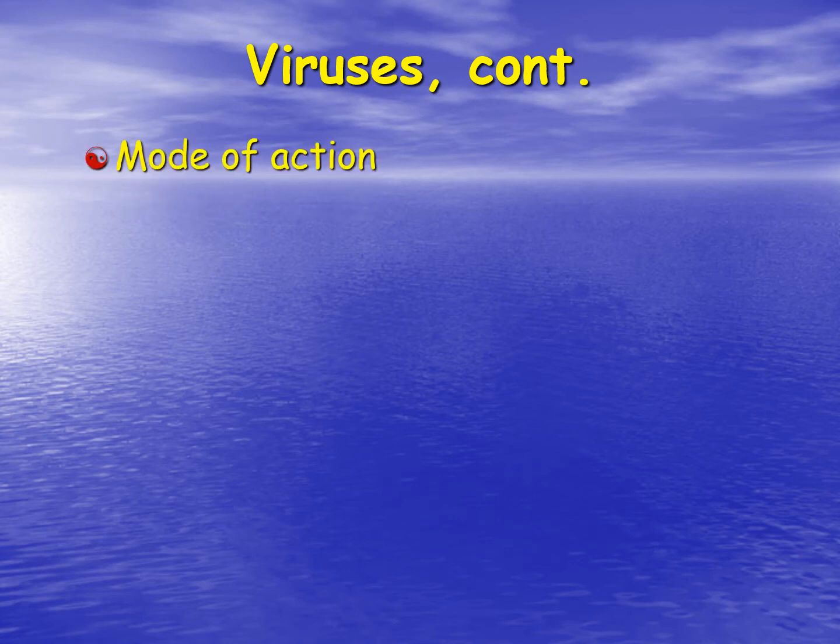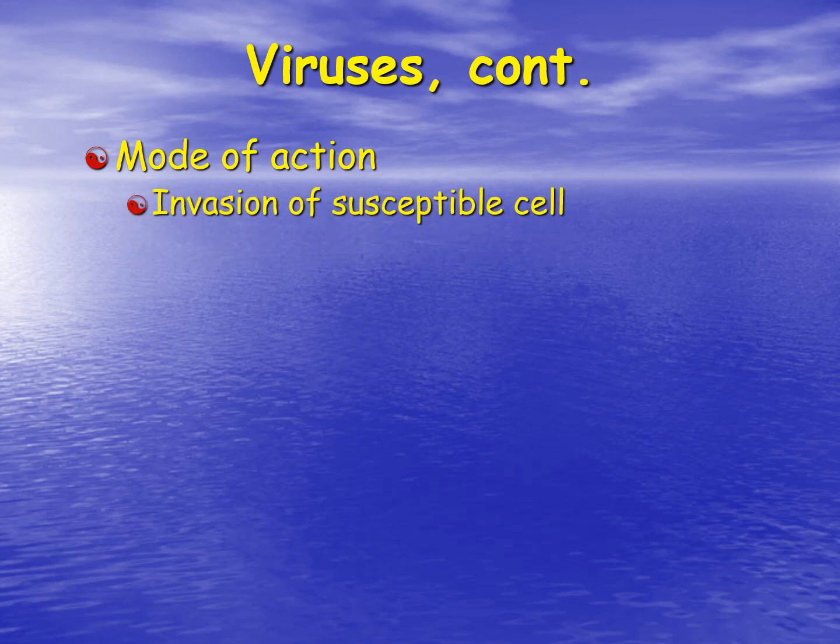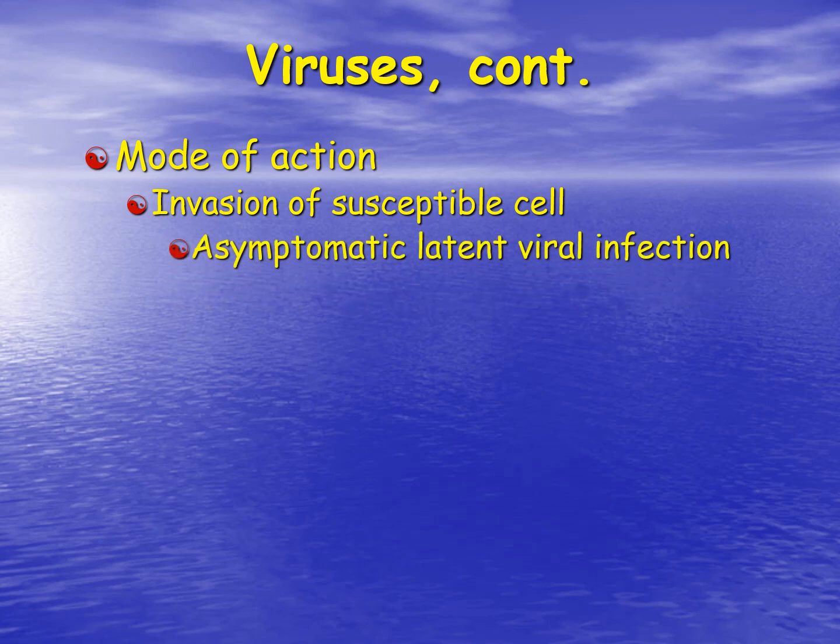How do viruses then act? Well, they're going to invade their susceptible host cell. And in some cases, they then become a latent viral infection, and they are asymptomatic. In other words, the viral code is simply in the host cell, but is not currently being transcribed into viral protein.